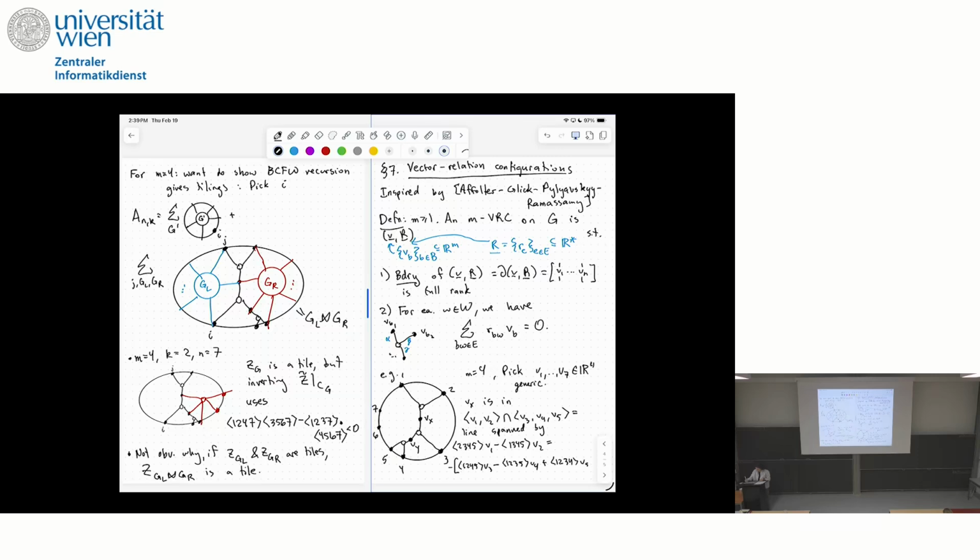Okay, so from this formula, it's clear what I should pick Vx to be, right? I can express it in one of these two ways, but I should choose it to be this particular linear combination, for example, or any scalar of that, that's fine. And then it's also clear what I should choose for Vy. Vy should be in the span of 4 and 5. I should choose Vy to be this part of this expression.